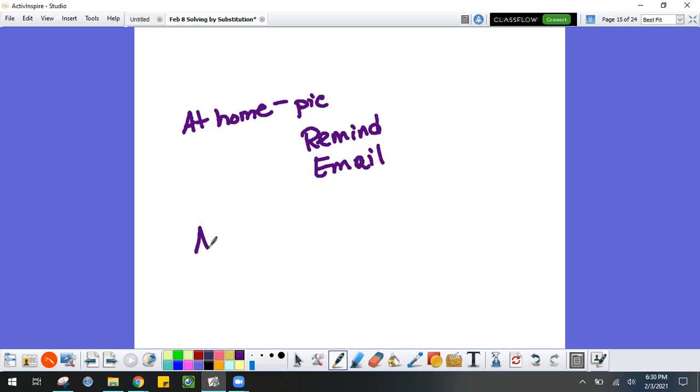So you need to make sure your notes are organized and neat. If you are an at-home student, you are going to send a picture through Remind or email showing us your notes for today. And if you are at school, you will simply let us see your notes as we walk around and monitor the classroom.